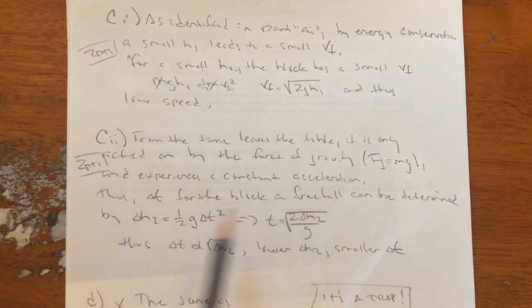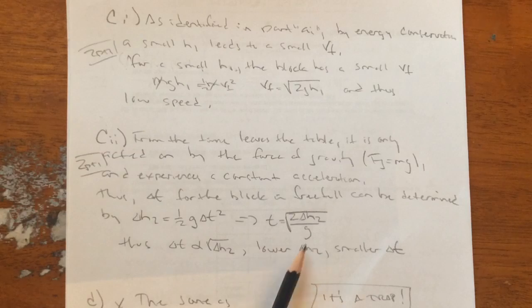You're going to write it again. Thus, change in time is proportional to change in height 2. Use your subscripts for what height you're talking about. When you're talking about free fall, you can use G. I think it's cleaner as opposed to using A. A is fine, but you can use G.